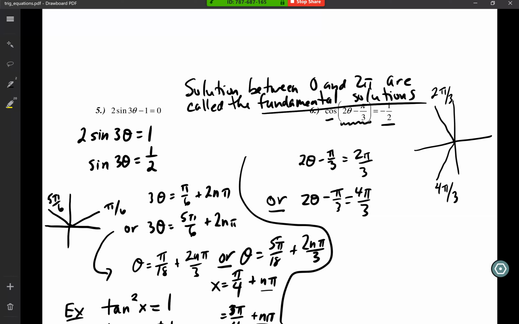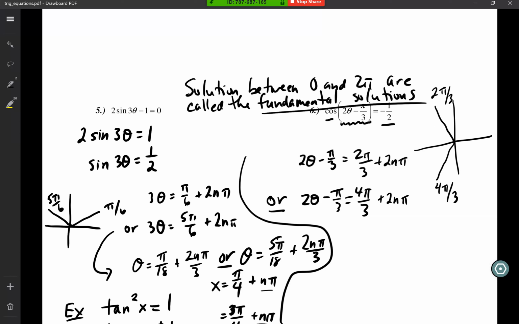Same concept. Then we're going to add in our multiples of 2 pi. So that process is exactly like the process that we've been doing in the previous problems, right? Just taking the inside and setting it equal to the angles that we found and adding in our multiples of 2 pi. Now we just need to solve for theta.